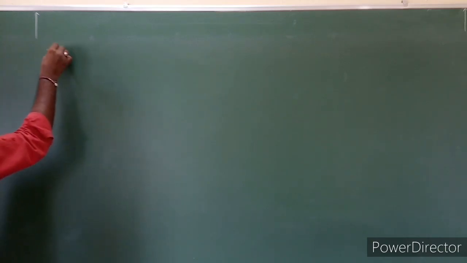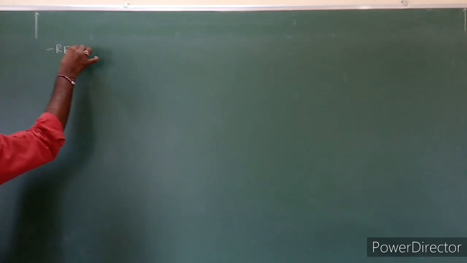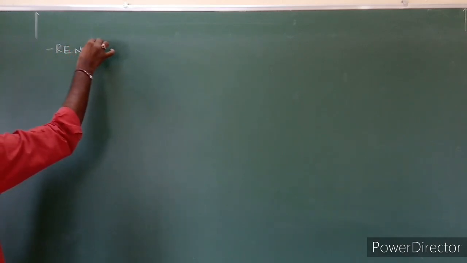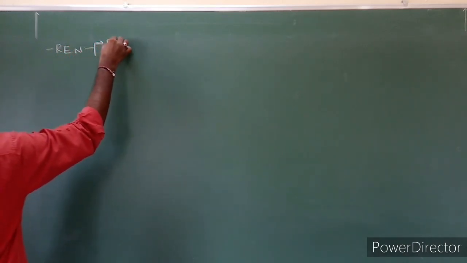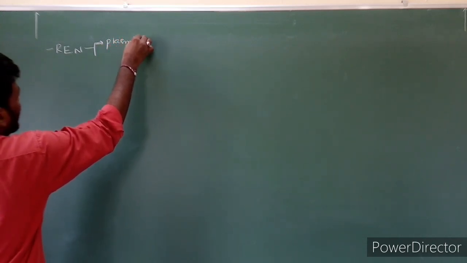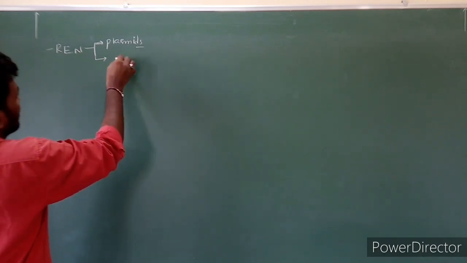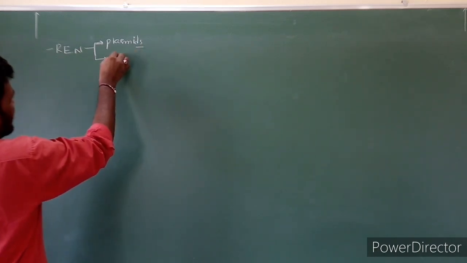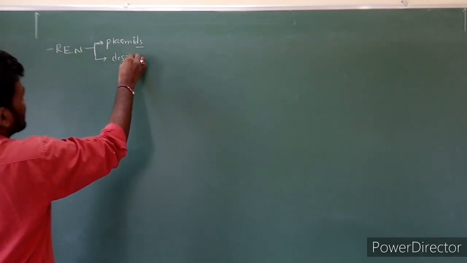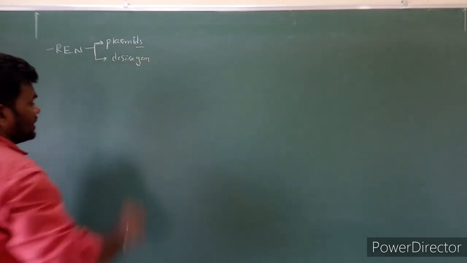First, by using a restriction endonuclease enzyme, we cut the plasmids and as well as the desired gene.